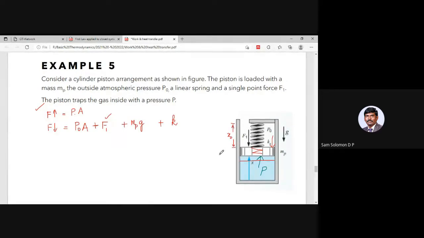And if it has pushed the piston in the downward direction, maybe this distance can be called x. So final position minus initial position, that is k into x minus x naught.